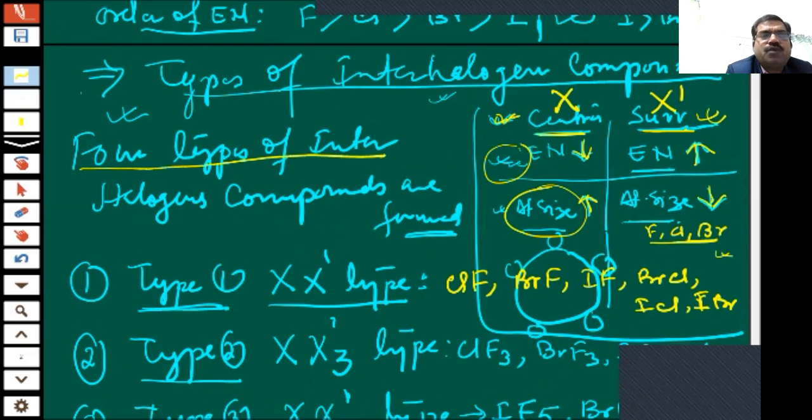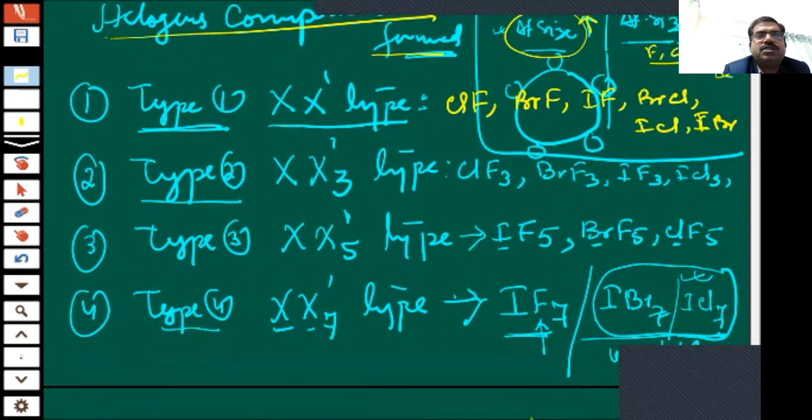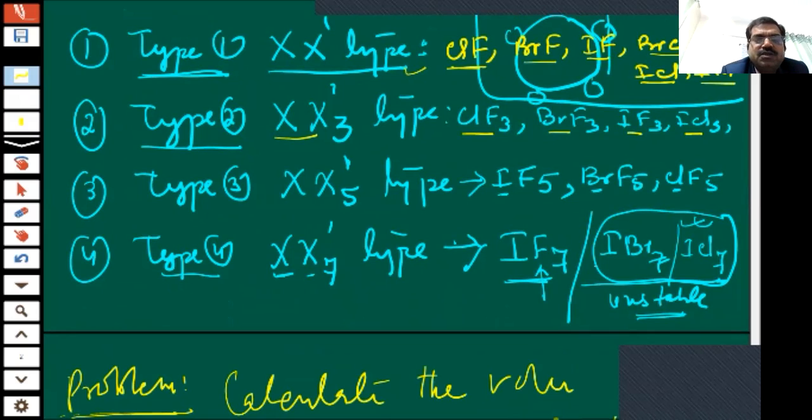Four types of interhalogen compounds are formed. One is XX' type: ClF, BrF, IF, BrCl, ICl. Type two is XX'3 type: ClF3, BrF3, IF3, ICl3. Then XX'5 type: IF5, BrF5, ClF5.